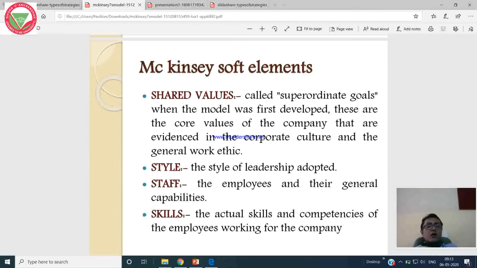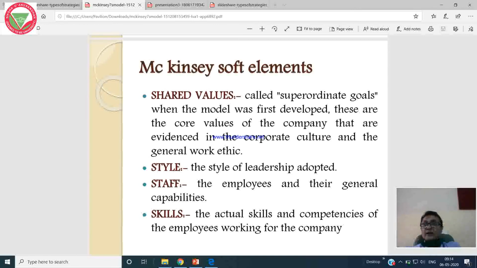Democratic style leaders always try to take feedback, always try to seek suggestions from various people in order to gain insights and then take decisions. And free rein leaders do not interfere in their managers' jobs.